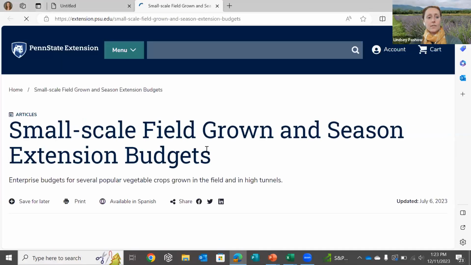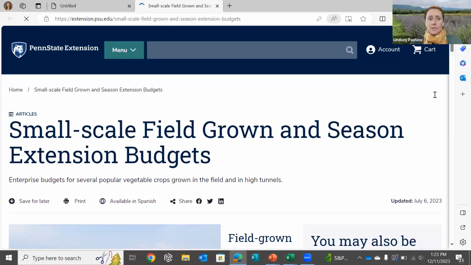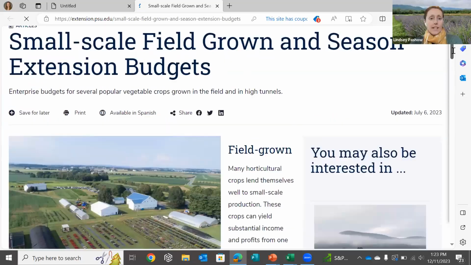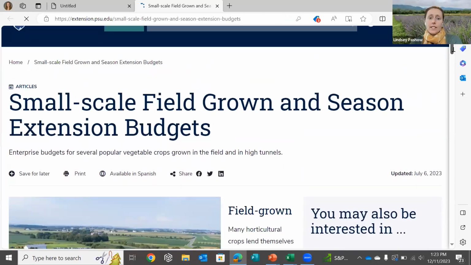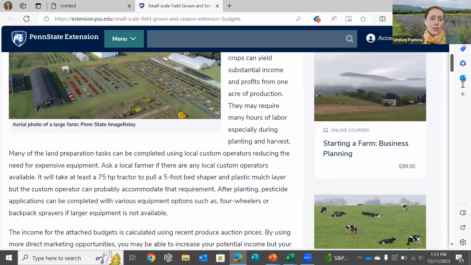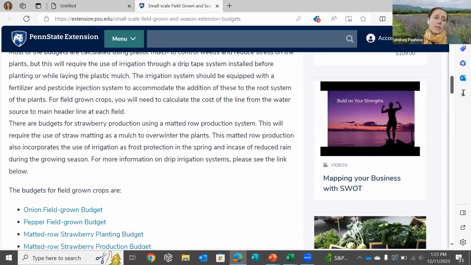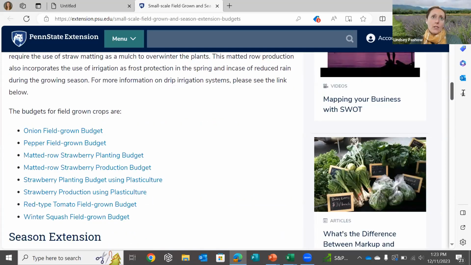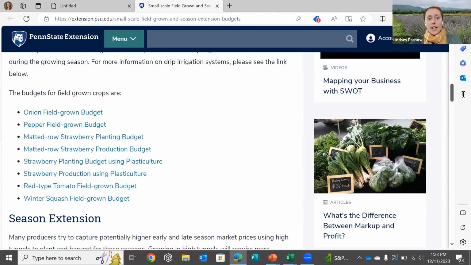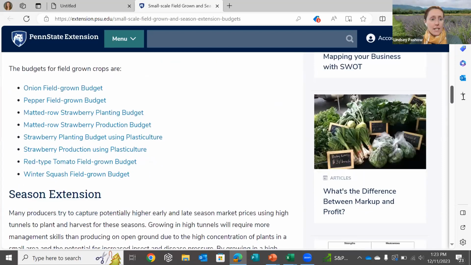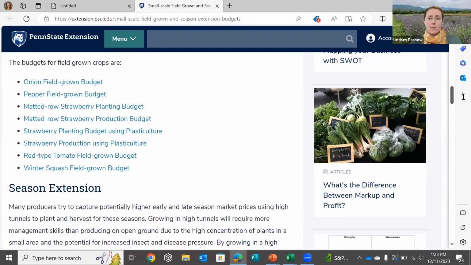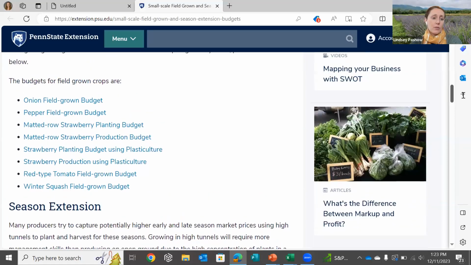And this right here is from Penn State University. This one is for field grown and season extension budgets, so season extension would be in your high tunnels. These are specific ones. As we know from growing different crops, field versus high tunnel is going to be a little bit different when it comes to expenses to consider, especially the bed lengths, any additional heating you might be using, and row covers.